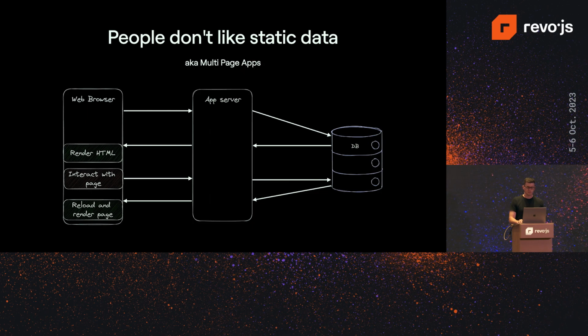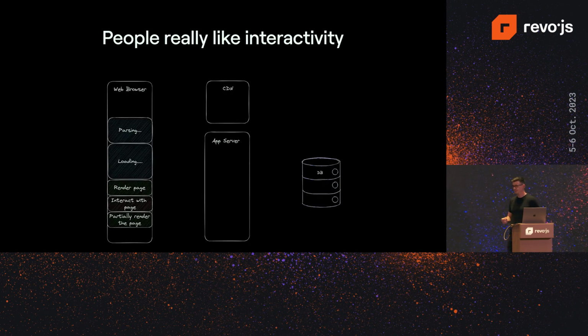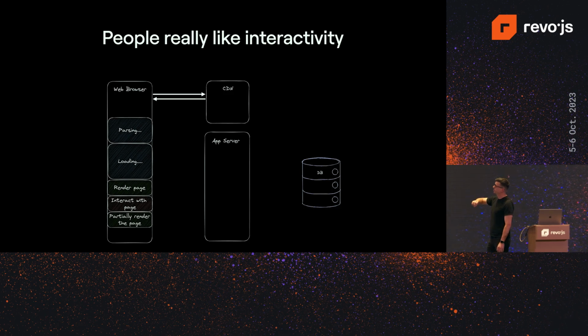Now we call those applications multi-page apps, but it turns out that people actually really like interactivity. So that wasn't enough. So we had to put our minds to come up with something great, something so good that is going to allow immediate interaction with the website and immediate interaction with your server. So what we ended up doing, we changed this initial interaction from the browser to the server to return an empty HTML that contains a link to a JavaScript file.